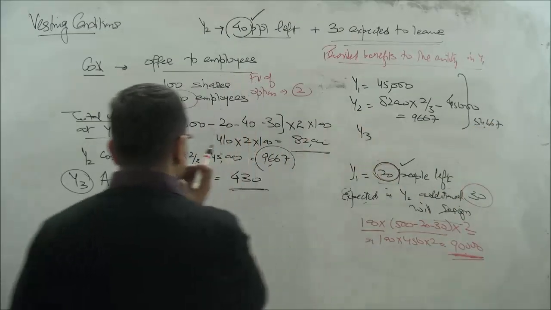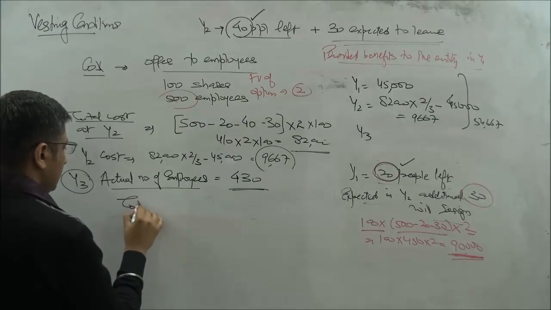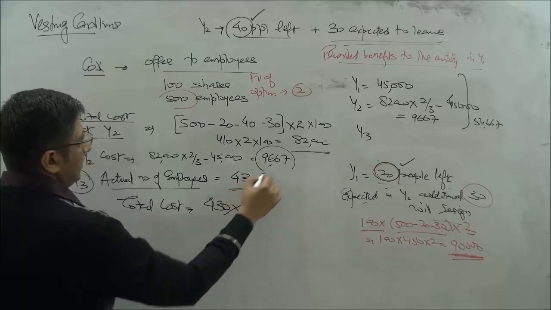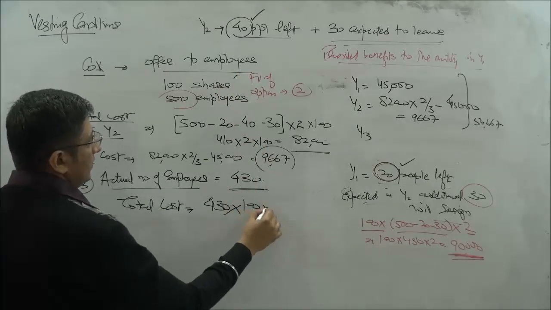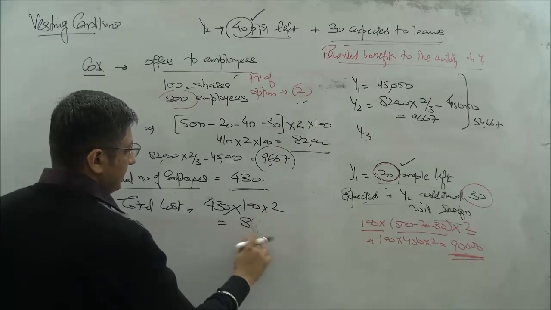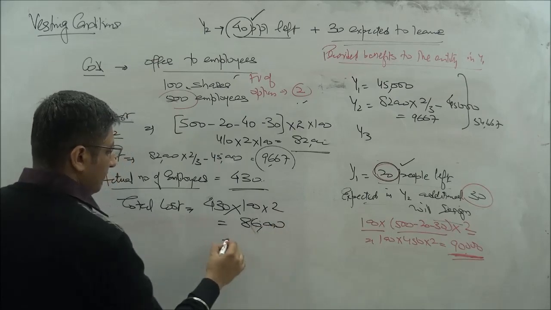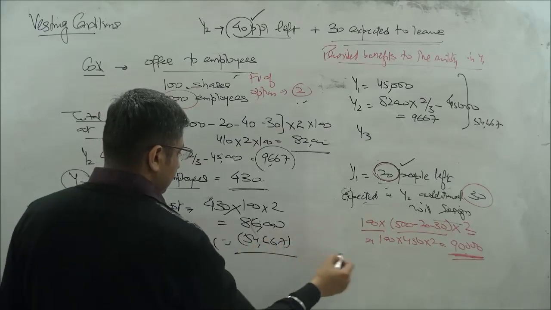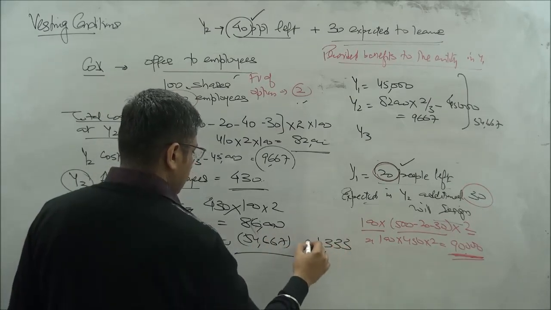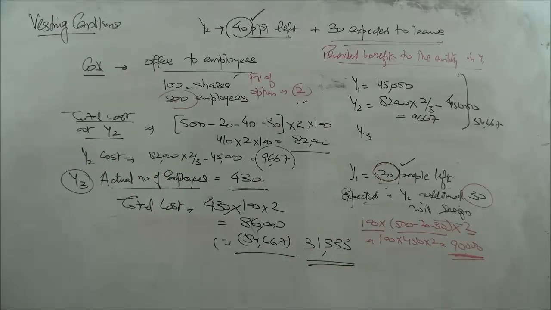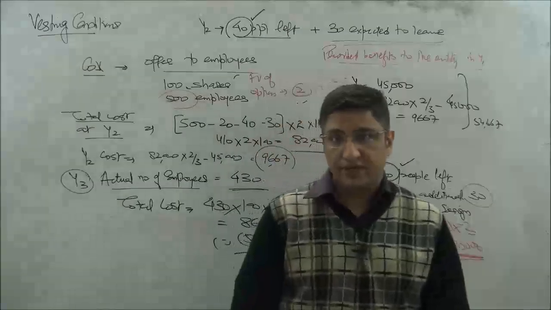Year 3 cost, if I look at it now, my total cost would come at 430, this figure, into 100, this figure, and then 2, which comes at, of course, 86,000. And then we say already charged is 54667, so this becomes 31333 as my year 3 cost for the purposes of accounting here, right?